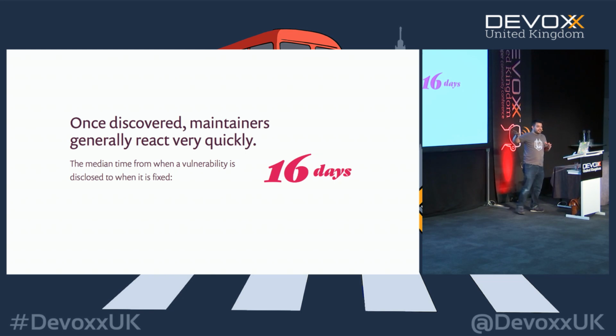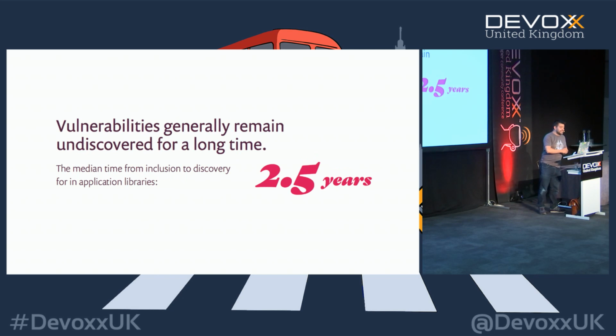Of course, there are potentially loads of other applications that then need to make sure they're running on the correct level, but this is just from a library point of view. When we talk about how long a vulnerability exists in code before it is known, that lasts a little bit longer: 2.5 years on median average from the time a vulnerability was included in code to actually being known.